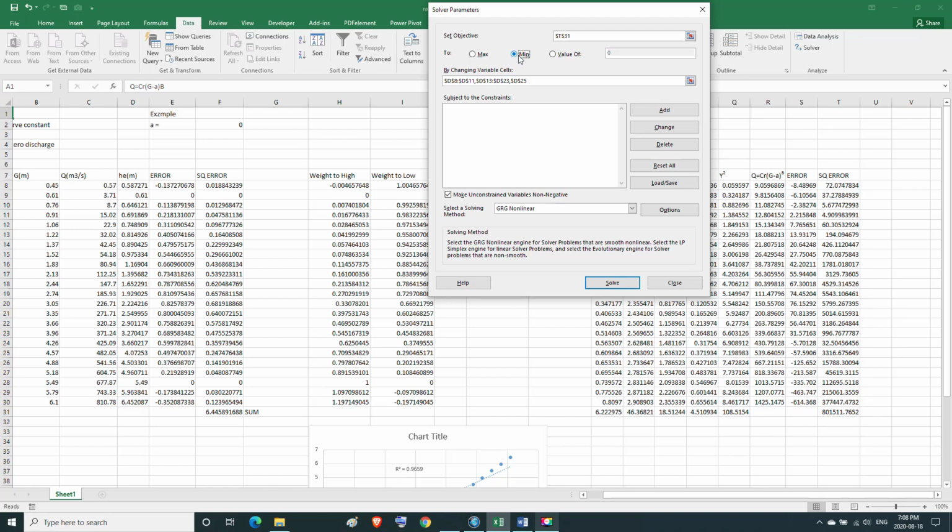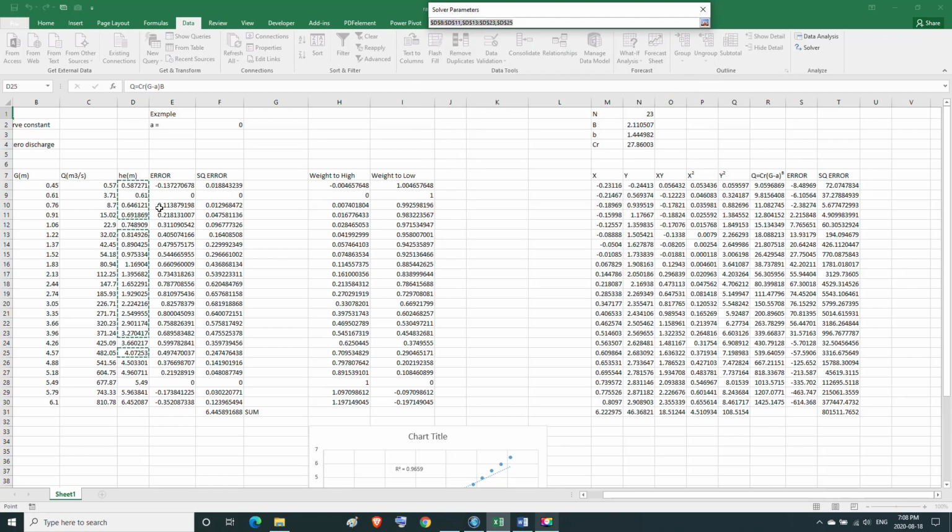Then we go to the by changing variable cells, and in it we choose the initial prediction for the values of the gauge height, except the two actual known values of the gauge height at the low discharge and high discharge, and the values adjacent to them, as we see.